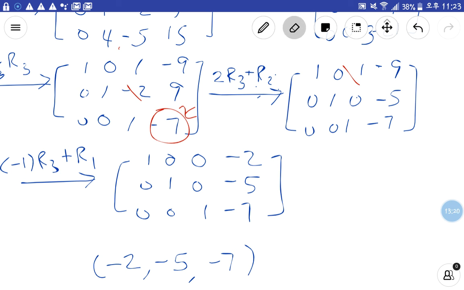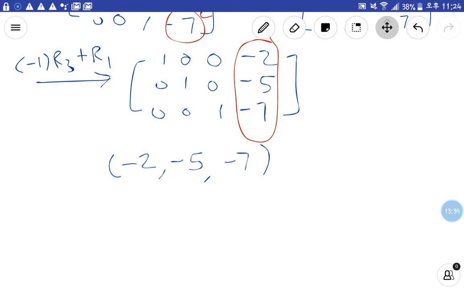How can I cancel this 1? If I times negative 1 to third row and add up to first row, then I can cancel that 1 out. So you end up having negative 2, negative 5, negative 7. That is going to be your final answer, which is X, Y, Z.